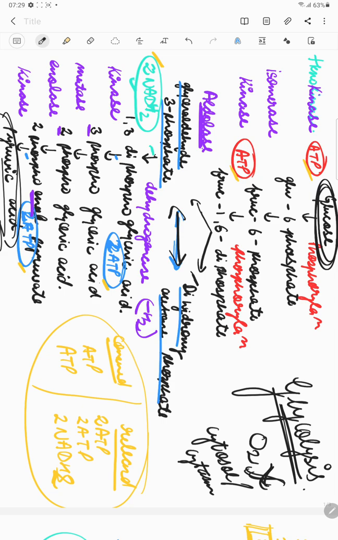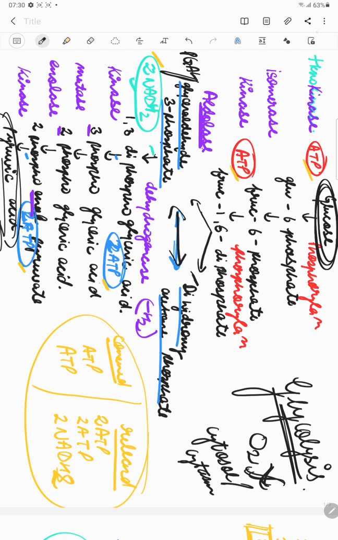In the very next step, 2 NADH2 would be released and the process would be dehydrogenation, removal of hydrogen. So glyceraldehyde 3-phosphate converts into 1,3-diphosphoglyceric acid. A very important thing: in exams they do not give you glyceraldehyde 3-phosphate, they give you PGAL.